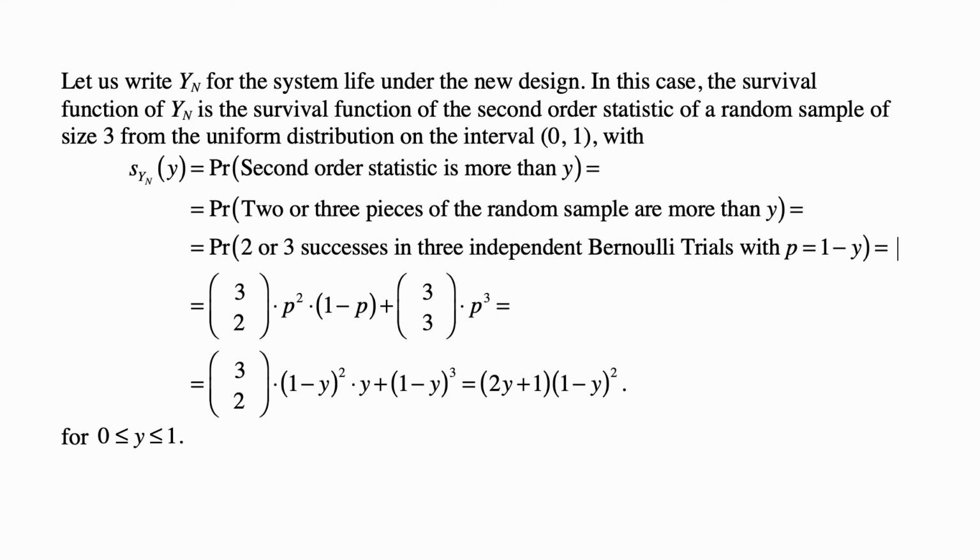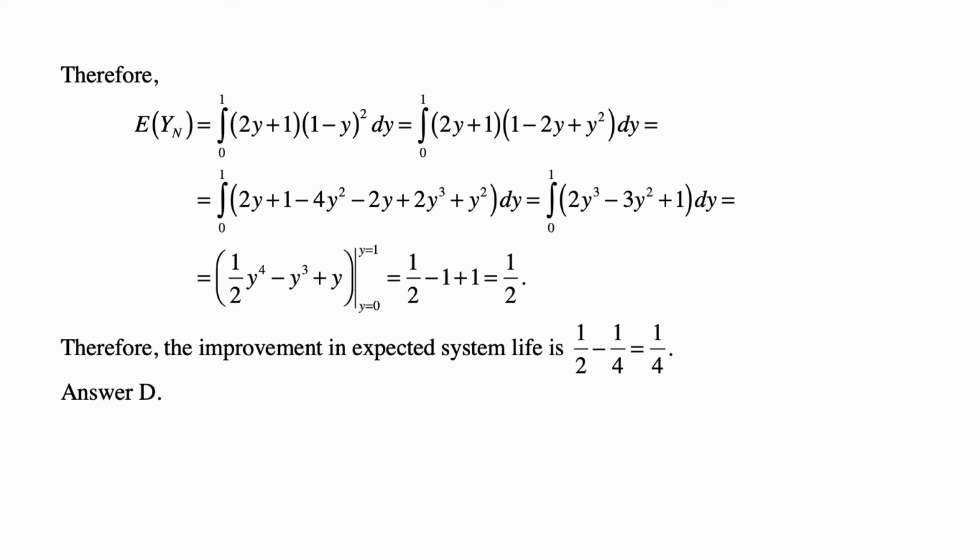And then if you multiply it all out, it becomes (2y plus 1) times (1 minus y) squared for y between 0 and 1. And therefore, the expected value of Y_N is the integral from 0 to 1 of (2y plus 1) times (1 minus y) squared dy. That's the integral from 0 to 1 of (2y plus 1) times (1 minus 2y plus y squared) dy.